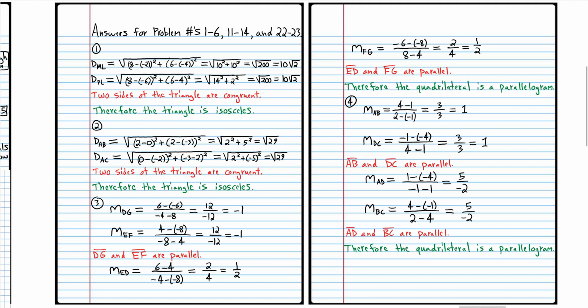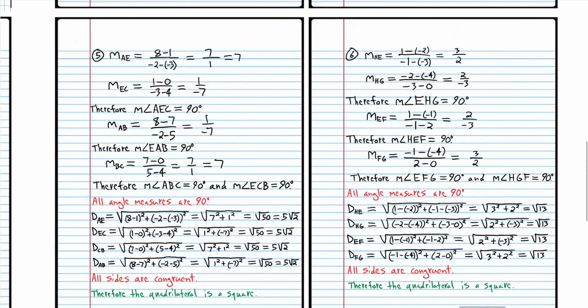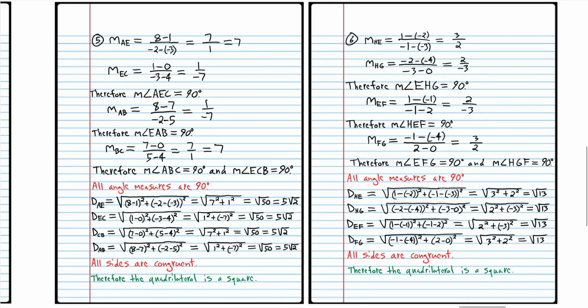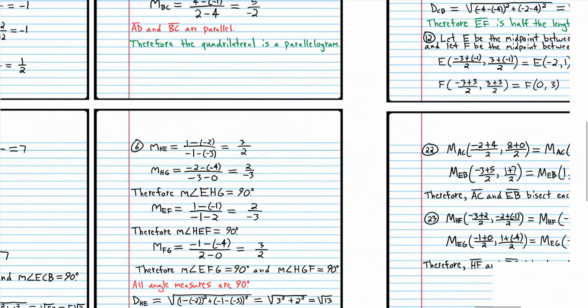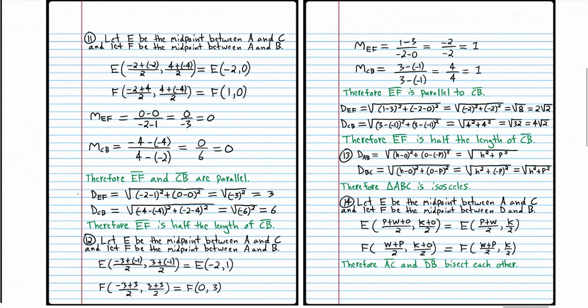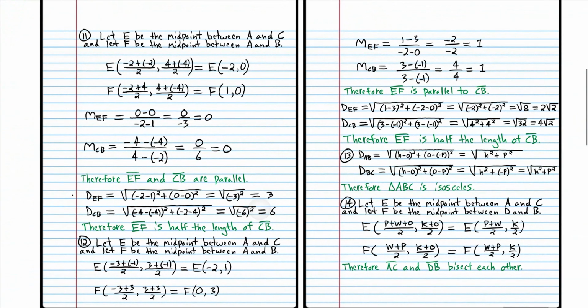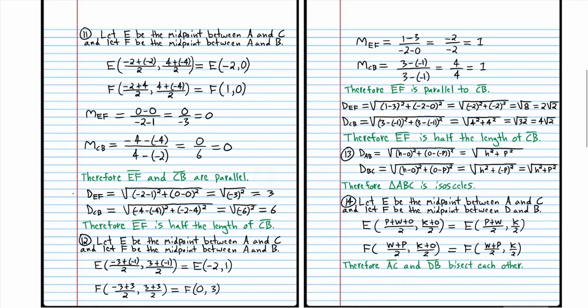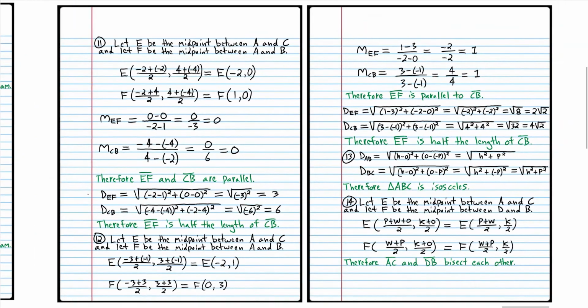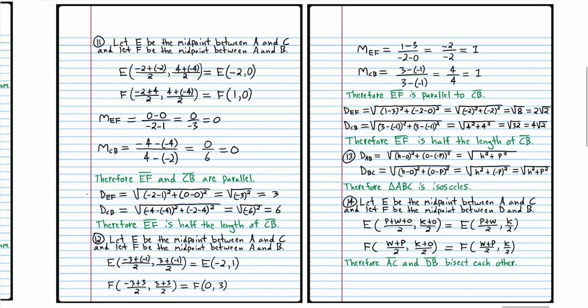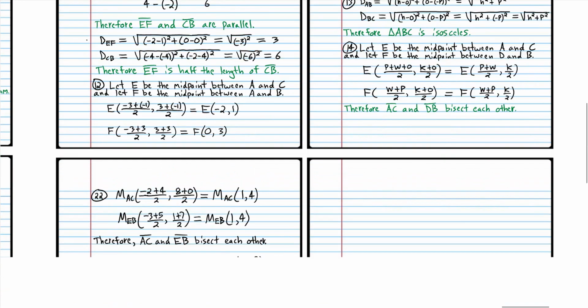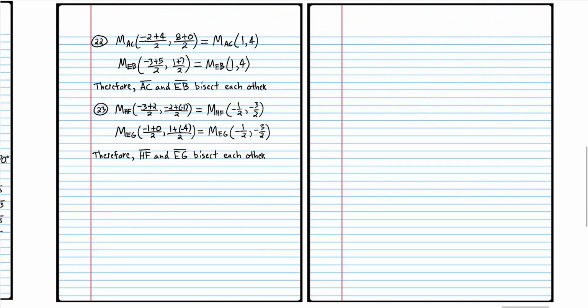Get a screenshot of that. And also, we want the answers for numbers 11 through 14. So answers for 11 through 14 are here. Whoops, sorry about that. So we have 11 through 14. And we also need answers for 22 through 23.